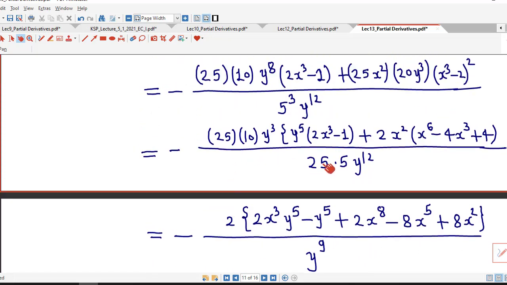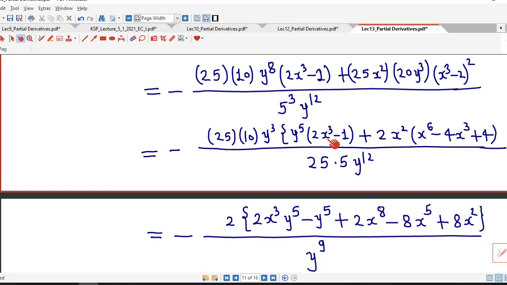Now we can cancel out this 25 into 5, and y cube will also cancel out. If we cancel out 25 into 5 into y cube, we are left with 2 only, and here we are left with y raised to 9, since y raised to 3 cancels out, and here we multiply y raised to 5 with this bracket.